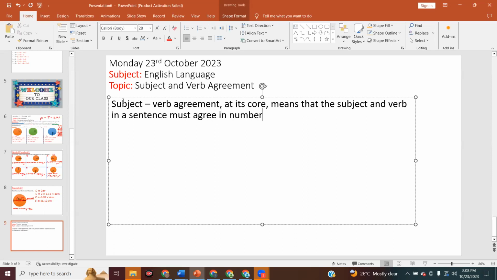So it basically means that the subject and the verb of the sentence must agree in number. What do we mean by in number? I'll explain it right now. So let's continue.